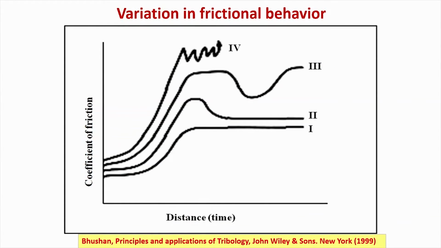So, these are the 4 different types of frictional behavior. It goes from very low to very high, that is type 1, then it goes to low coefficient of friction, goes a little high, then goes down, it is type 2, and then the third one goes to low, then high, this is type 3, and then it goes to very high, extremely high coefficient of friction is retained, frictional force.